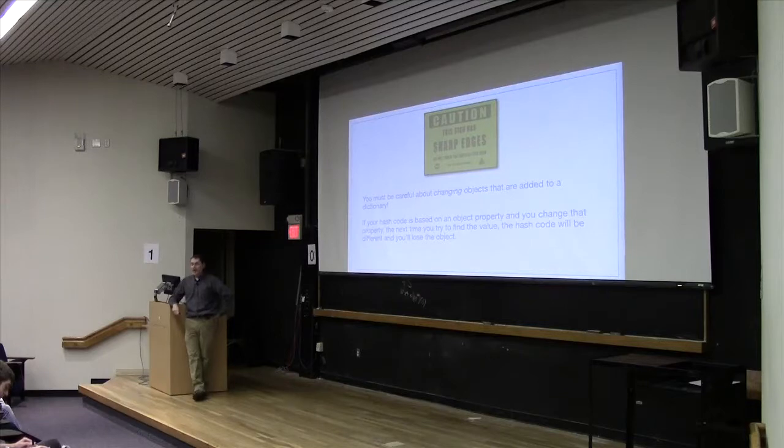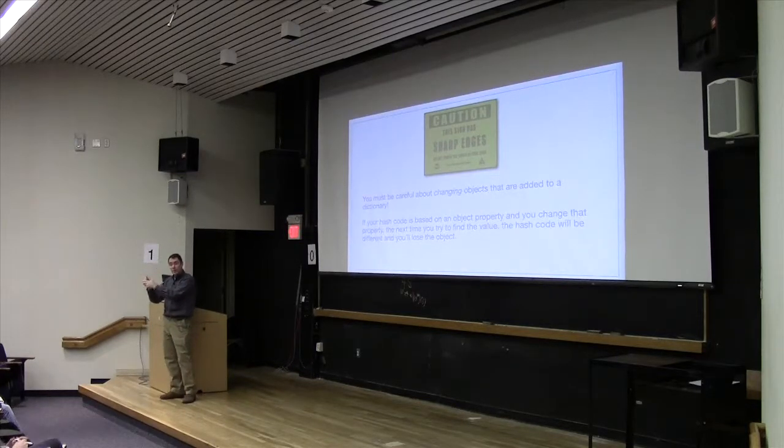Let's say you have an object with a bunch of different properties or private variables, and you hash based on those variables. If you change any one of those variables, the hash will be completely different. At least that's the idea, to make a completely different hash.